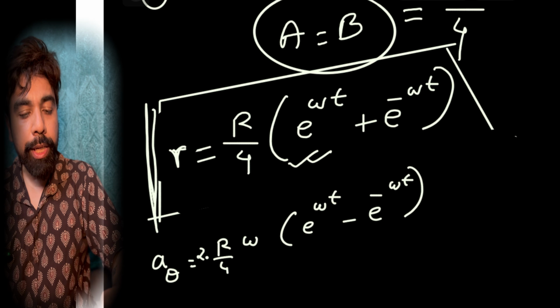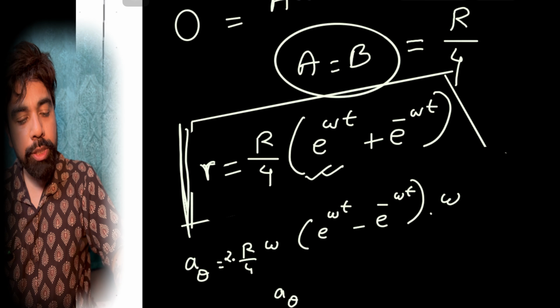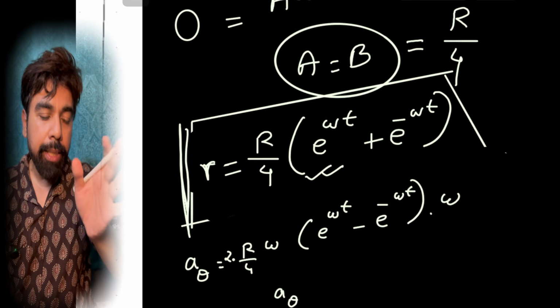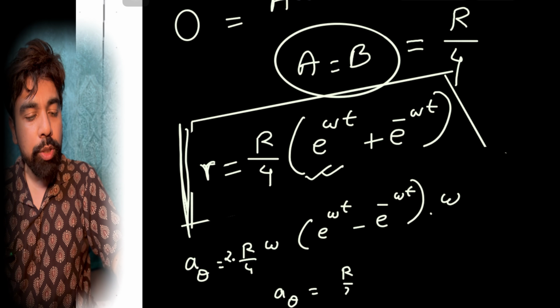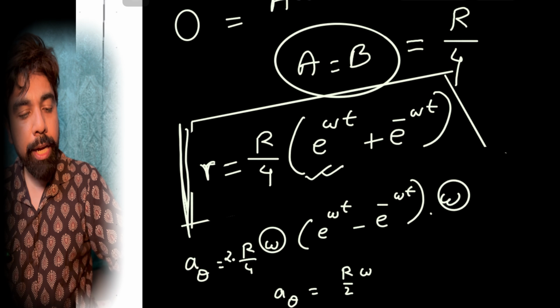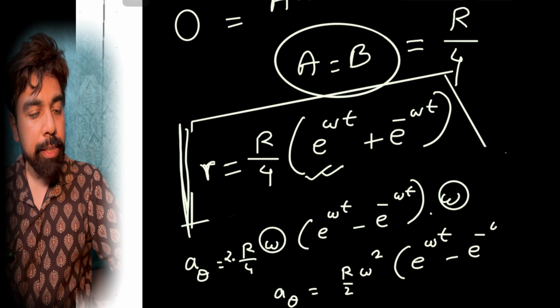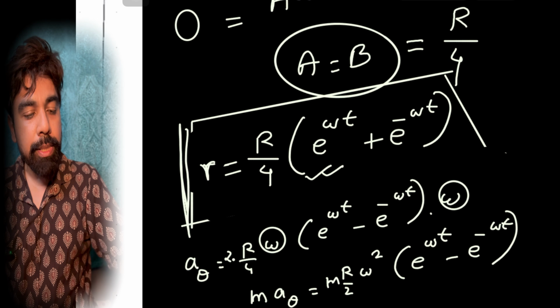So 2 into r dot into omega, the net acceleration along that tangent, will be r by 2 omega square into e to the power omega t minus e to the power minus omega t. Now multiply this with the mass m.